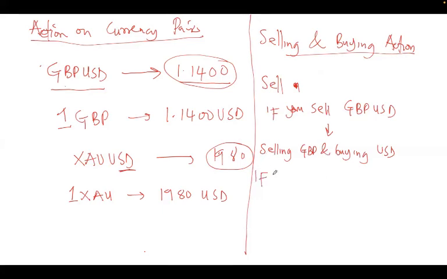Now, if you buy this pair, GBPUSD, it means that you're buying GBP and selling USD. You don't have to bother about the second action, right? The second action is a simultaneous, counter process. The moment you do this, your broker automatically does the other one for you. That is why we said it is a simultaneous process.